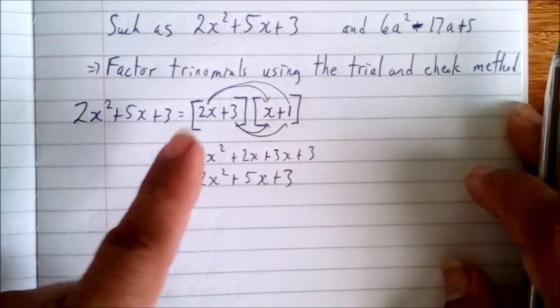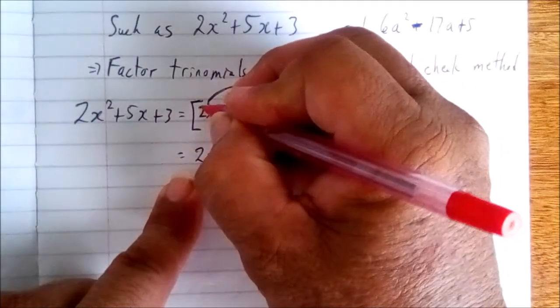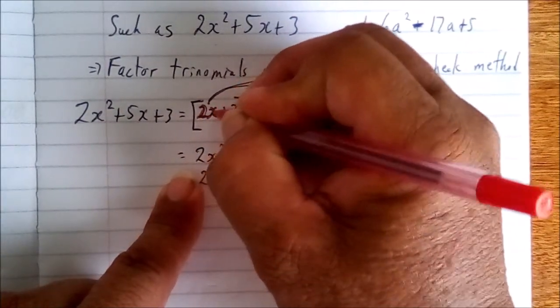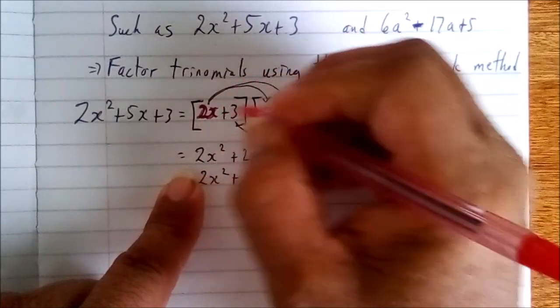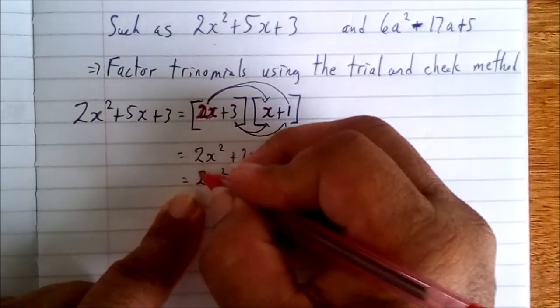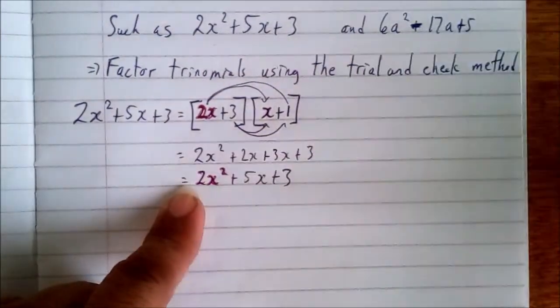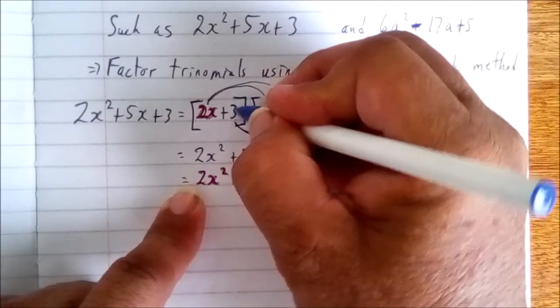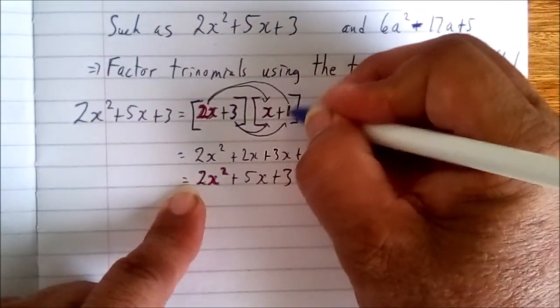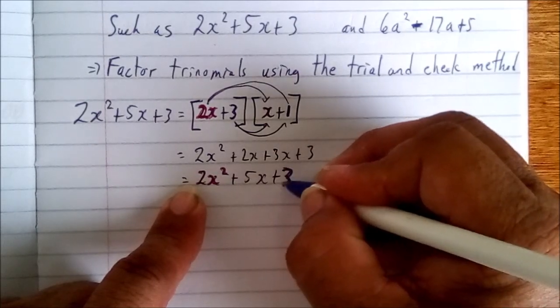Now note carefully, all right, and I want you to notice this 2x here, this 2x times this x here gave us 2x squared, which is the first term. And then if you notice, this 3 times this 1 gave us this 3, or this value here at the end.